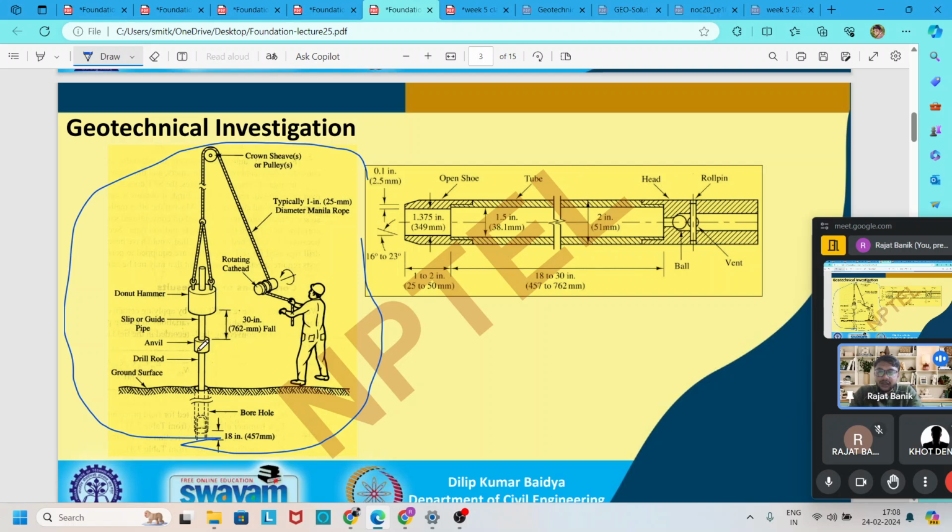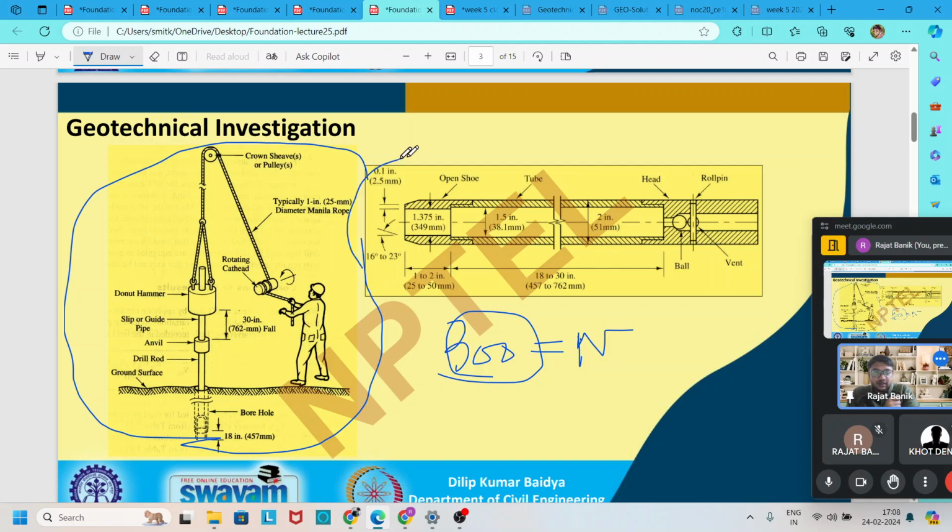It falls on the sampler, and the sampler is pushed into the ground, and we need to observe the number of blows for every 300 mm penetration. So this is our SPT number for each 300 mm depth. If the number of blows is more, that means the strength of the soil is very good. If it is less, then we say this soil is very soft.